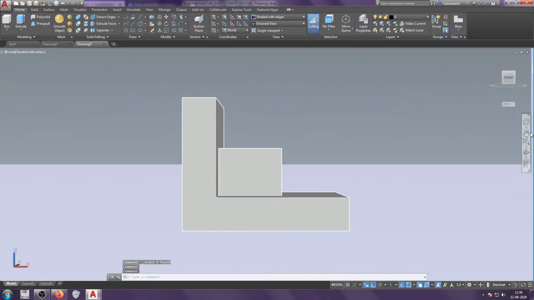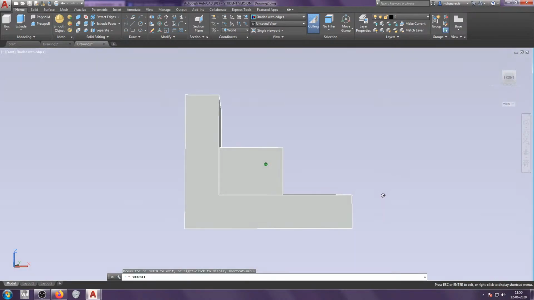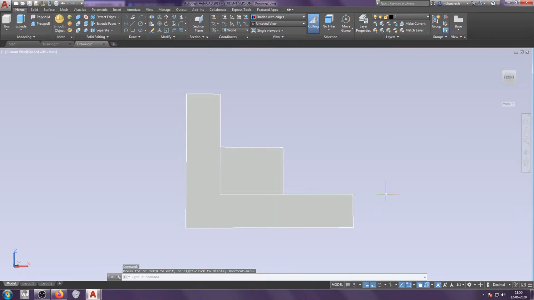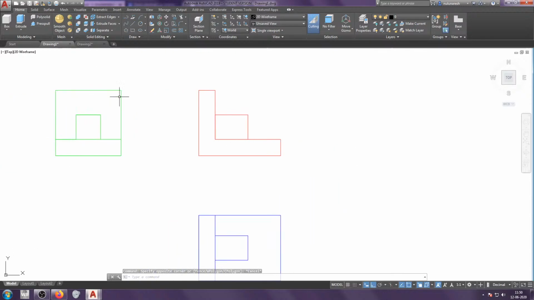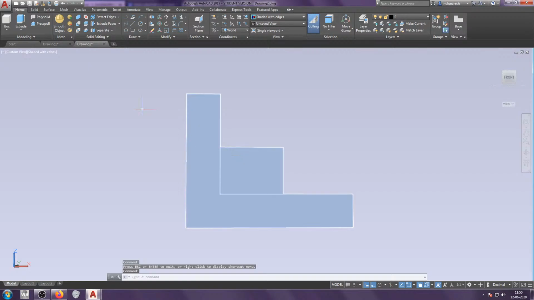So from the front view, that is how it will look like, right? So isn't that what we have drawn here? Exactly the same, right? If you compare these two.